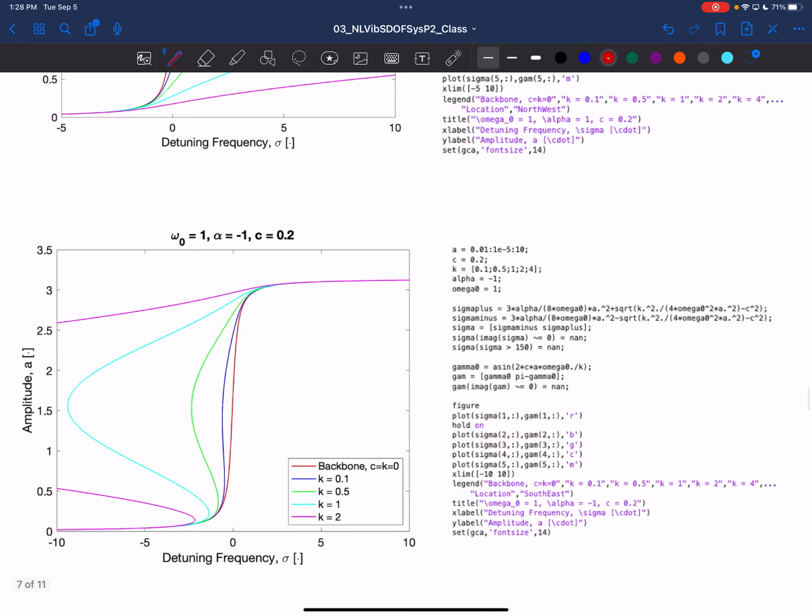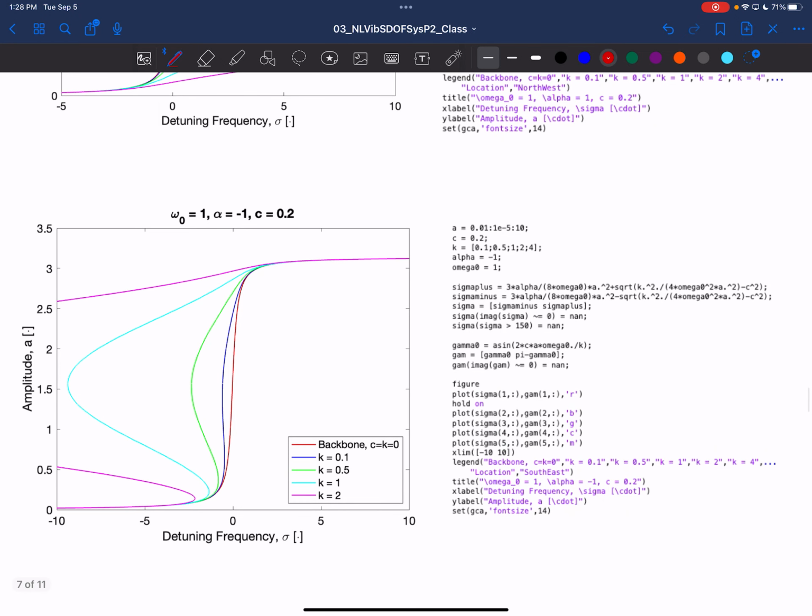So beneath that, I have the phase shown here for a softening nonlinearity, and in this case, it just bulges to the left. And again, we'll get 3 solutions.